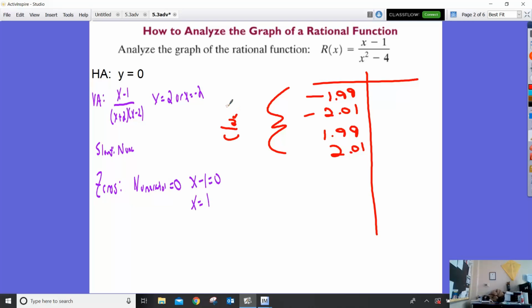These are close to the asymptotes. They're going to tell me what's going on there. Am I up high? Am I down low? And I'll use the storage feature on the calculator to do it.